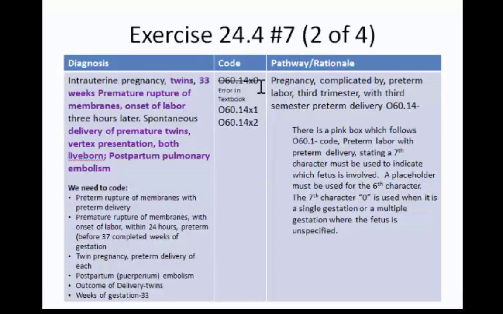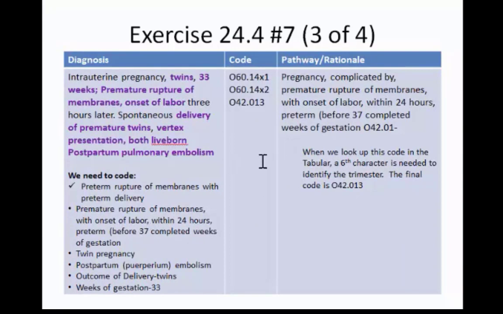And the error that was reported was that because these are twins and each one was affected by the premature labor, each one gets a code. So 7th character 1 is fetus 1 and 7th character 2 is fetus 2. So that's how you get these two codes. And then here I added preterm delivery of each to remind me that each one gets the code.